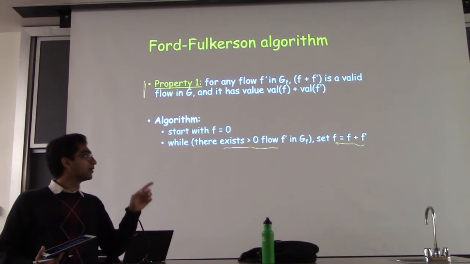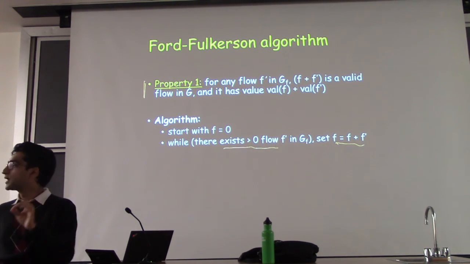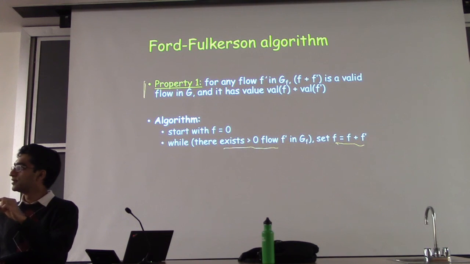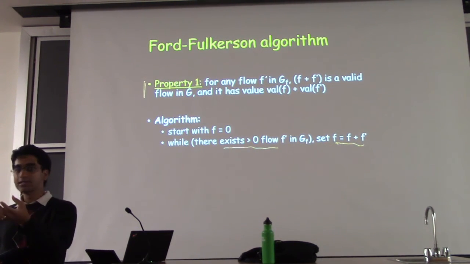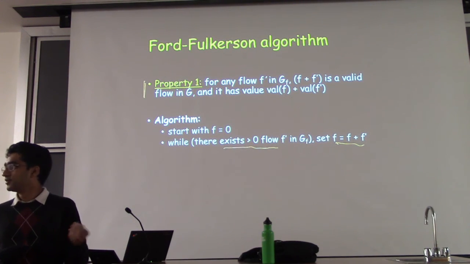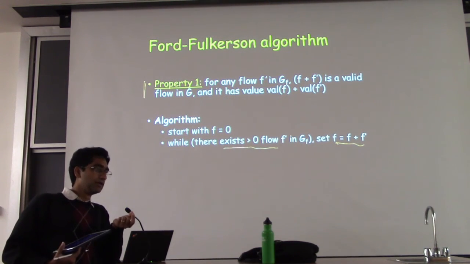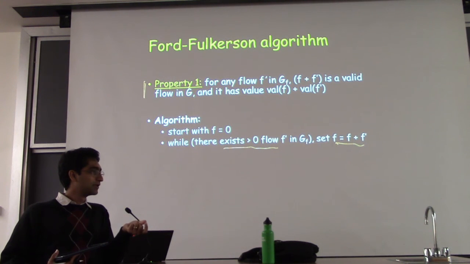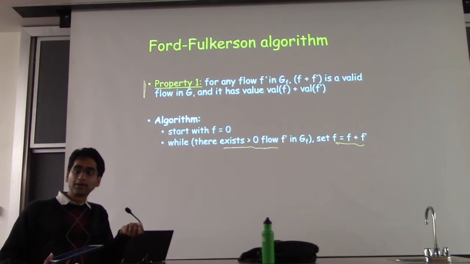Yeah, so essentially all you're doing here is finding some bigger than zero flow. You're just seeing if there is a non-zero flow possible. You don't have to find the maximum flow. Just find some non-zero flow and add it to f. Then find the new residual, find a non-zero flow there, and so on.